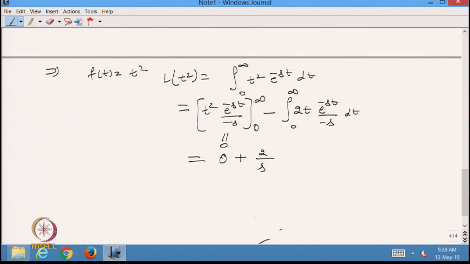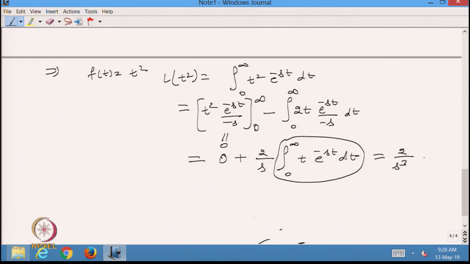So, it will be 2 by s, and then inside I will get the integral from 0 to infinity of t e raised to power minus s t dt, and this is the Laplace of the function t that we have just found, that is 1 over s square. So, from here I will say that the value of this will be 2 over s cube when s is positive and infinite when s is negative.